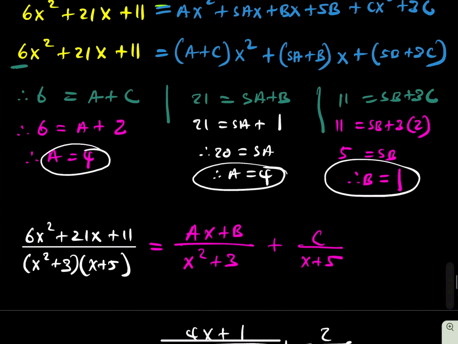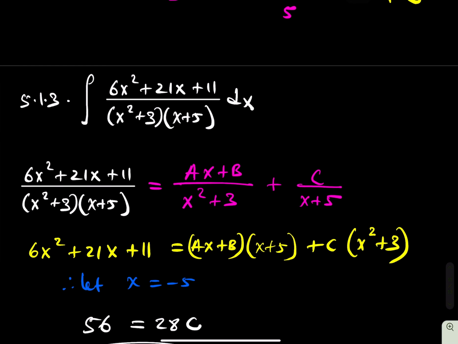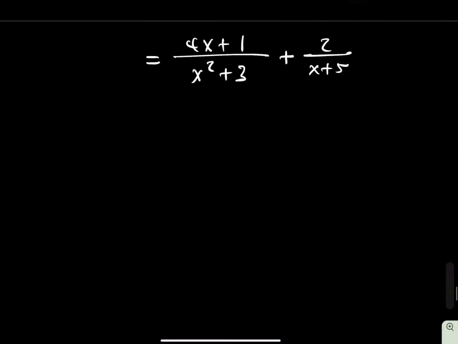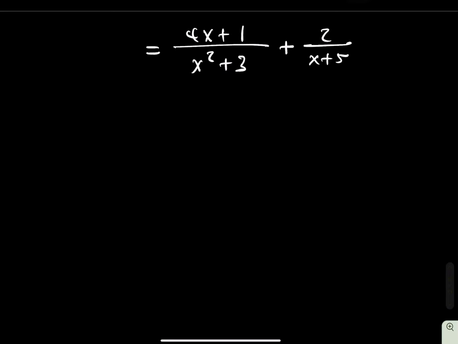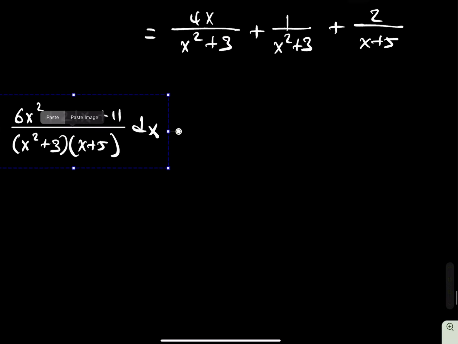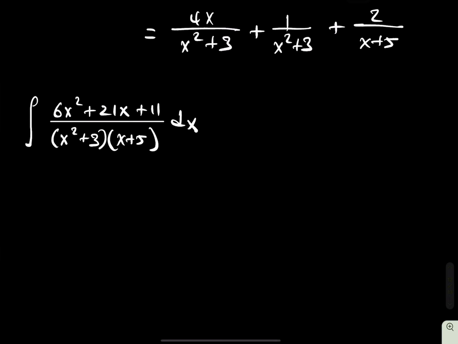So we want to integrate this problem, and it's now decomposed. You can further say that this is the same as 4x over x squared plus 3, plus 1 over x squared plus 3, plus 2 over x plus 5. That is the same as that, so that your life is oversimplified when you integrate this.